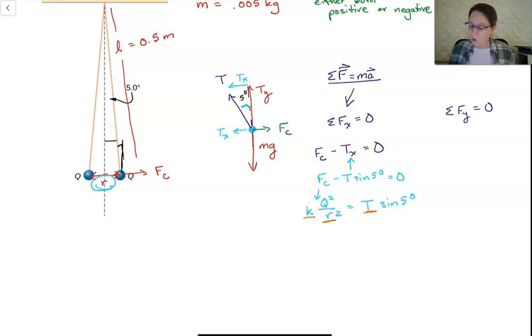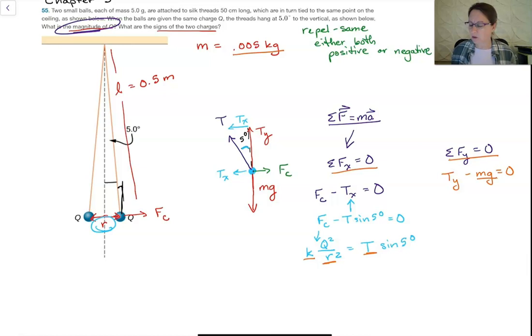And if I have my tension, then I can find my charge. So I'm going to use my y equation to find the tension, because in my y equation I have Ty up minus mg is equal to 0. I know m is 0.005 kilograms, so I can find my tension in the y direction, which would allow me to then get my total tension. The tension in the y direction is my tension times cosine of the angle, because Ty is the adjacent to this 5-degree angle, where the tension is the hypotenuse.